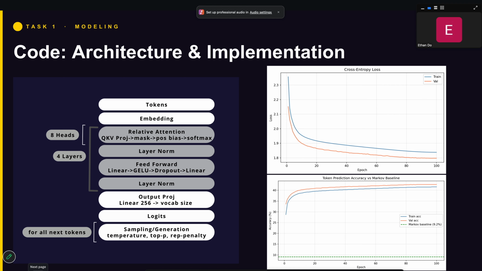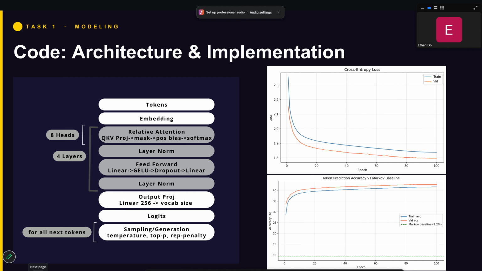Next, we have a feed forward network that expands the dimension to 1024 and then goes back to 256. And this is basically where the model will learn the musical patterns. Both of these sublayers use residual connections and layer normalizations to help stabilize the model. And then finally, we output it.